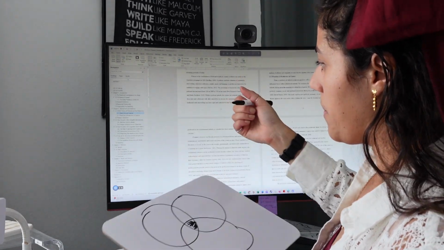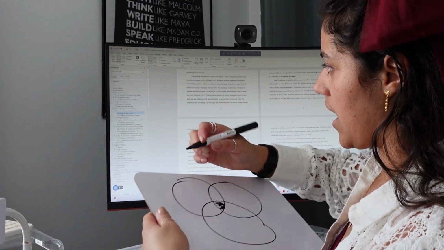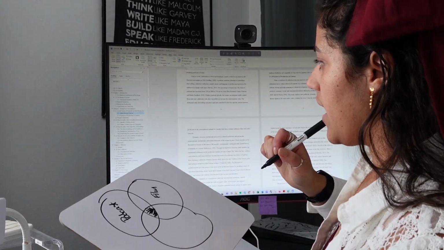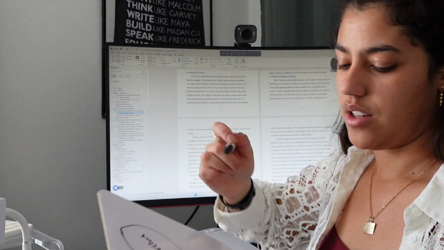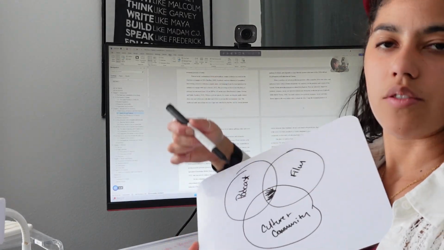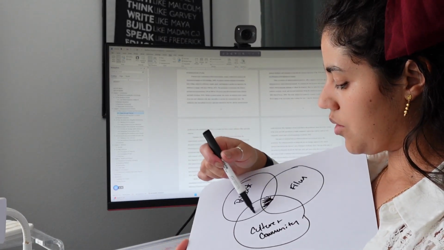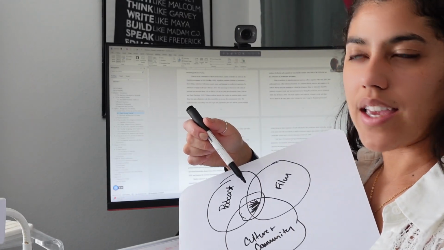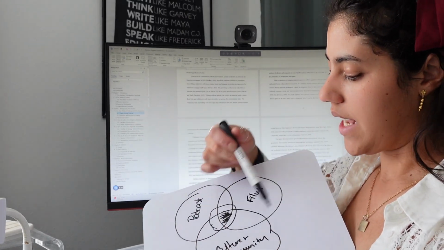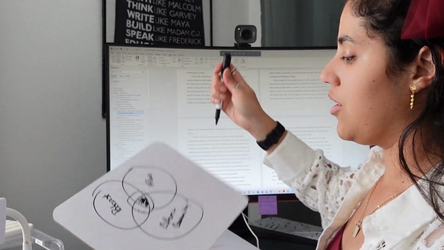For me, it's things like podcast, then we have film, and then I also talked a lot about culture and community. These are the 3 spheres that are overlapping to show how and why my research project exists and what I'm bringing together and combining to find those insights.